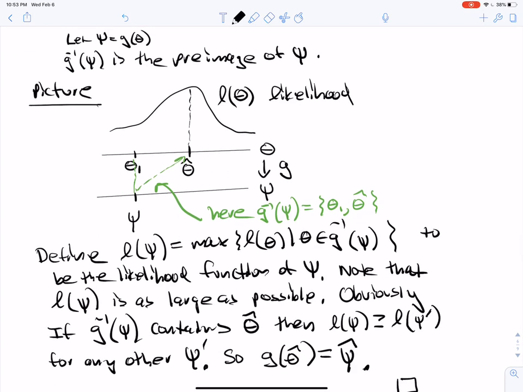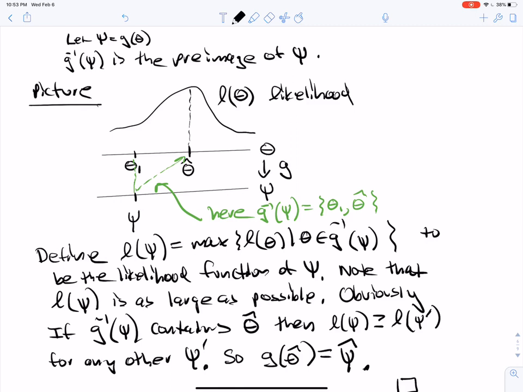But how am I going to define a likelihood function for phi? I've drawn here the likelihood function for theta. When I write L of phi, there are many possible candidates.